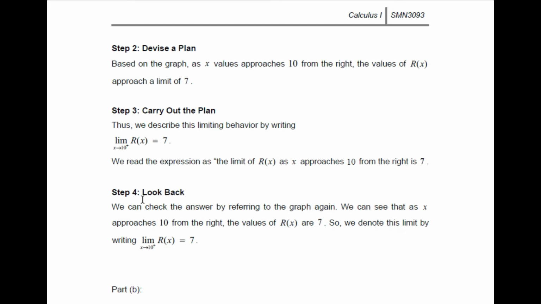The next step, which is the last step, we look back, where we can check the answer by referring to the graph again. We can see that as x approaches 10 from the right, the value of R(x) is 7. So, we denote this limit by writing again the limit of R(x) as x approaches 10 from the right equal to 7.